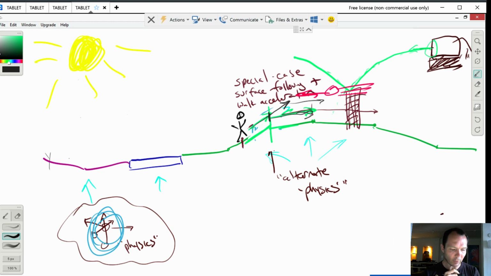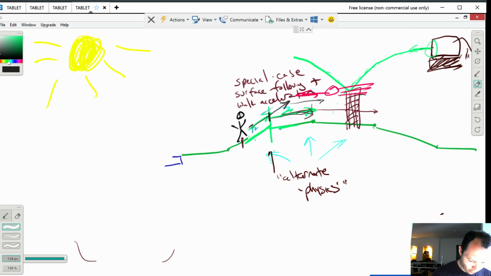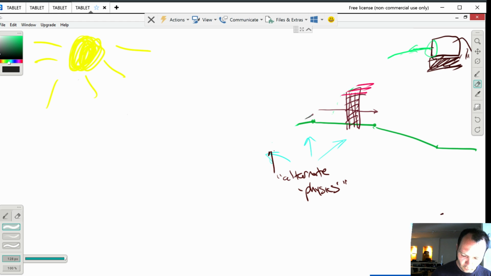And so stuff like this starts being bad. Let's erase all this actually, and let's start talking now about the general issue of frame rates messing you up. Let's leave the sun here. I like the sun.